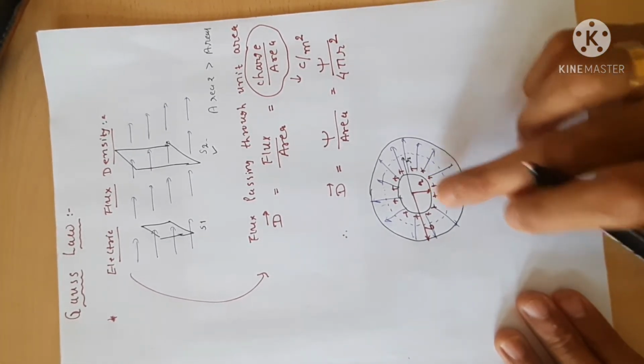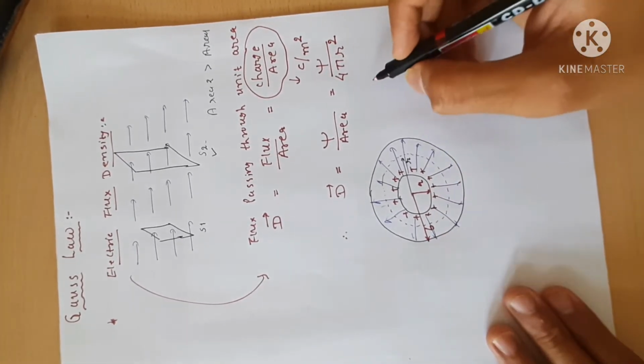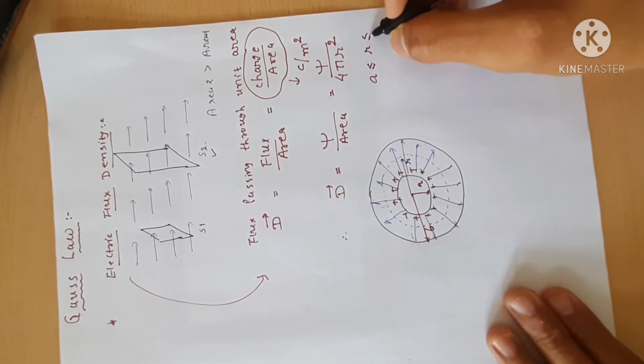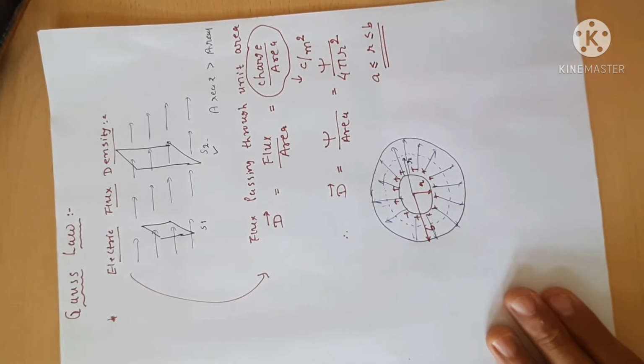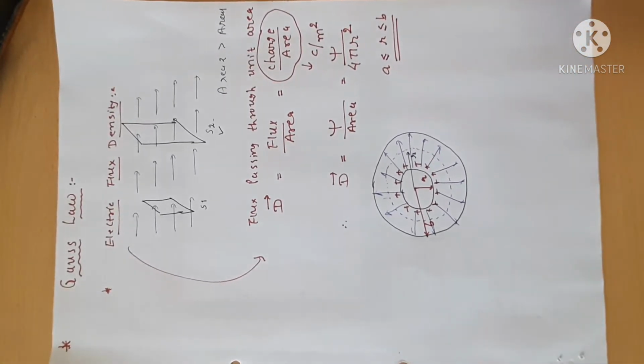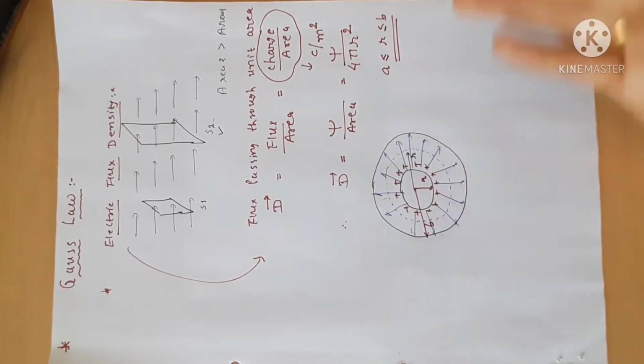R may be A or B, so R is in between A and B. Generally it is 4 pi r square because here we consider a sphere. If you consider a different shape, we have to consider that area only.